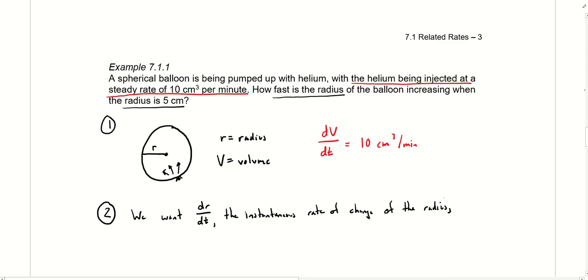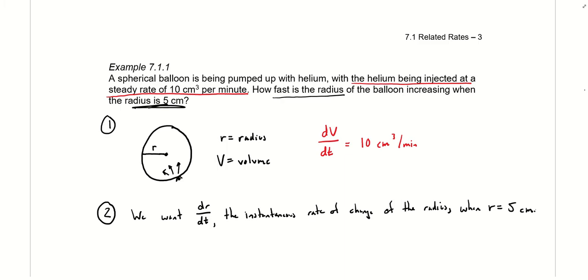And I want this at a specific point. Specifically, I want this when the radius is 5 centimeters. So we want the instantaneous rate of change of the radius when the radius, which I've denoted r, is 5 centimeters. In other words, I want this instantaneous rate of change at a specific point in time when the radius is 5 centimeters.